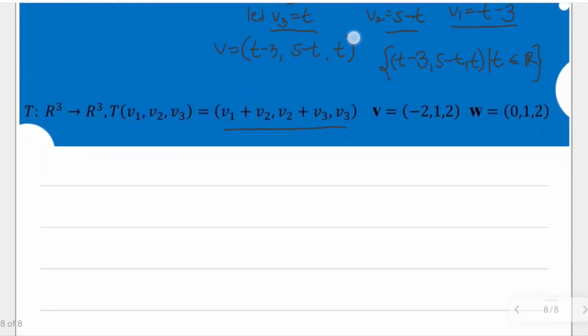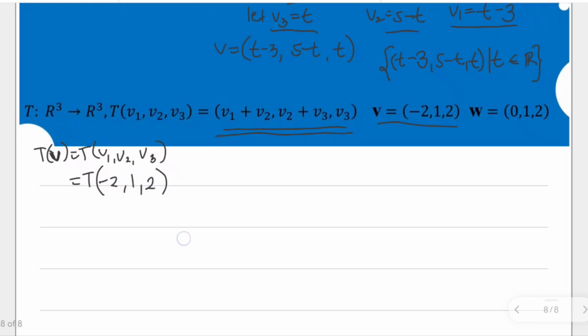But of course, you will start with the image of your vector V. You have V sub 1, V sub 2, and V sub 3. So the transformation of this vector V, which is negative 2, 1, and 2, using this definition, you will have V sub 1 negative 2 plus V sub 2, which is 1, then 1 plus 2, and you have your V sub 3, which is 2.